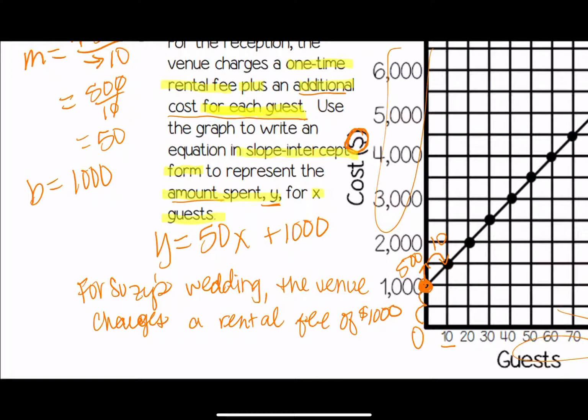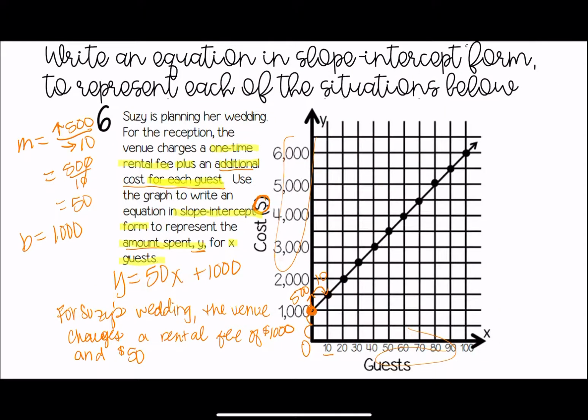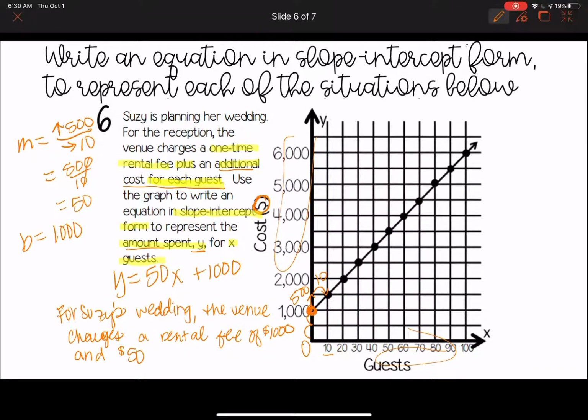So the venue charges a rental fee of $1,000 and, I'm going to actually say, an additional $50 for each guest.